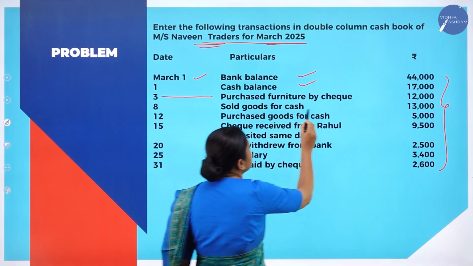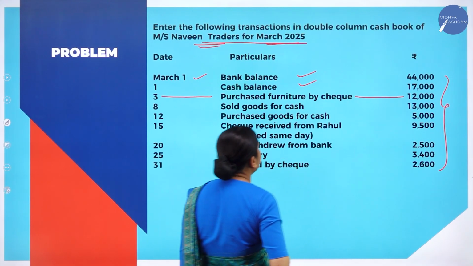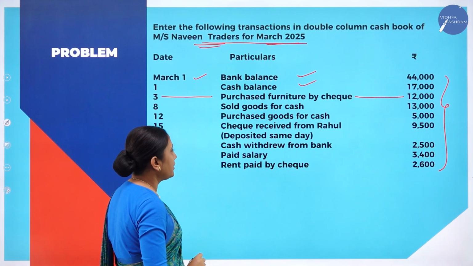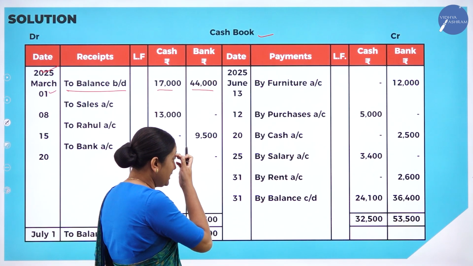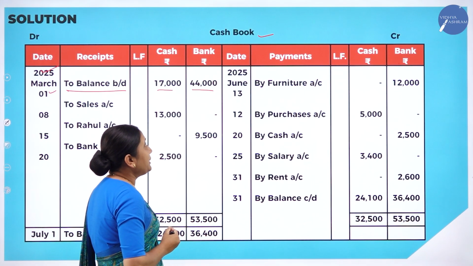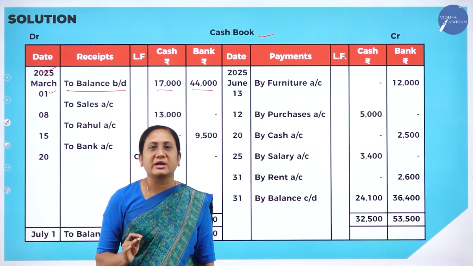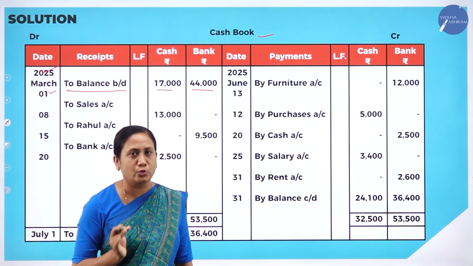Purchased furniture by check, rupees 12,000. See here, when we are preparing the cash book, we should always think what is happening to the cash, whether cash is coming in or cash is going out.